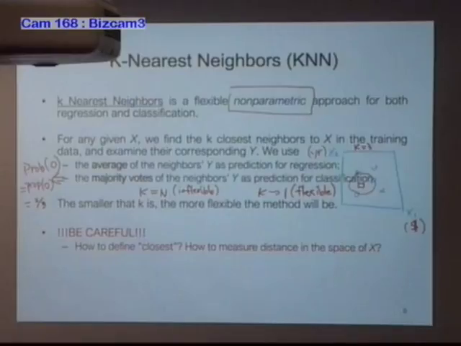But this one has a solution. Later we will have other methods using distance as an input. Whenever you have such a situation, people normalize, so everything is put on a relative scale. Everybody has some income; let's subtract the average and divide by the standard deviation. So everybody's income becomes a relative number.